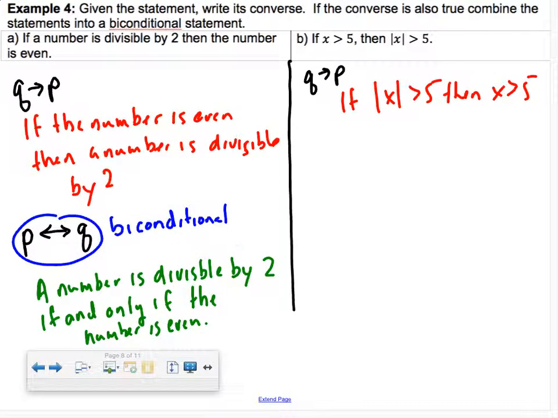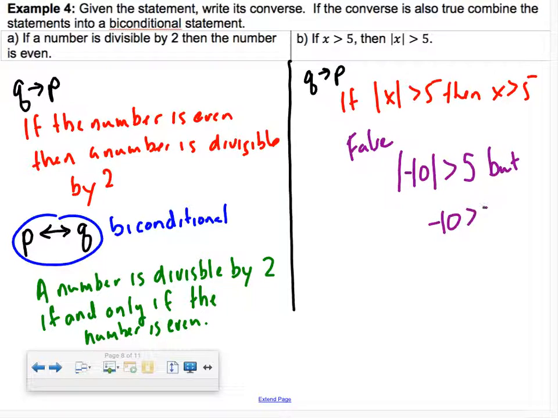Turns out that's false. All right, here's my counterexample. Let's choose negative 10. The absolute value of negative 10 is greater than 5, but negative 10 is not greater than 5. So we have what we call a contradiction here.